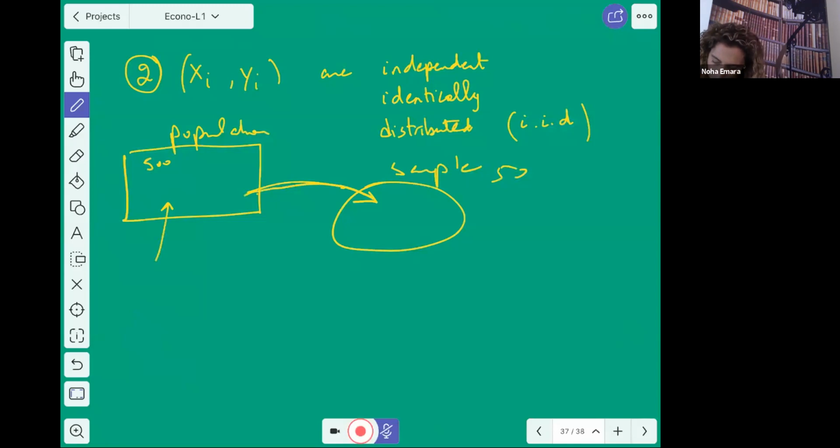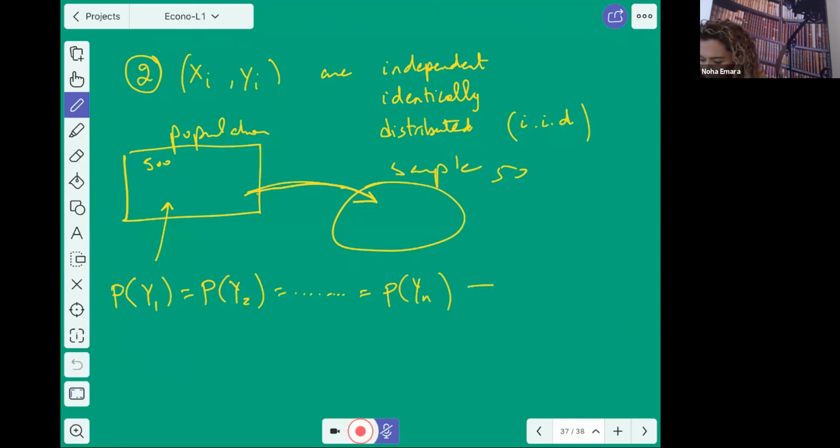So in statistics, we say it like this: the probability of selecting person 1 is the same as the probability of selecting person 2, is the same as the probability of selecting person 3, is the same as the probability of selecting person n. They are all the same.